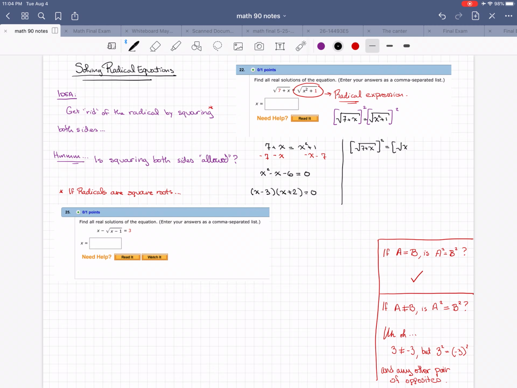What I just found is that the square of the square root of 7 plus x and the square of the square root of x squared plus 1 is true for x equal to negative 2 and 3. But I'm not interested in knowing when the squares are equal. I want to know that the original statement is true.